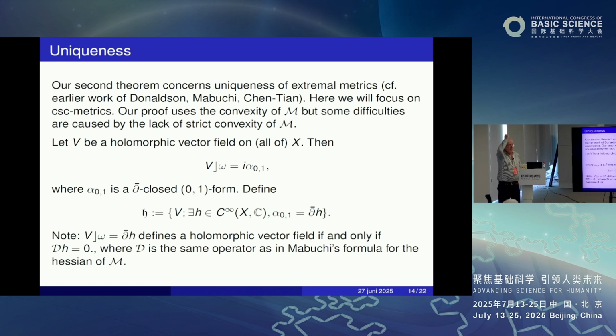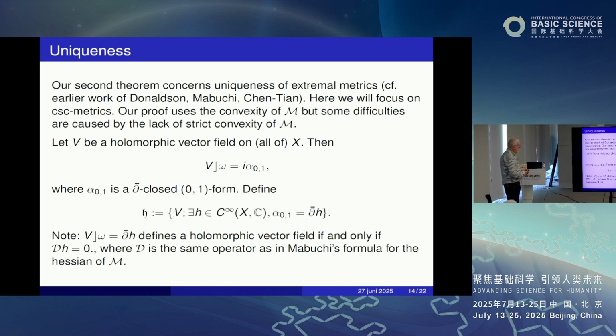Some claims about some technical lemmas made it a little bit doubtful. At any rate, I would want to emphasize also that our proof is actually fairly simple. The other papers were probably more complicated. In particular, the Chen-Tian paper is over 100 pages.